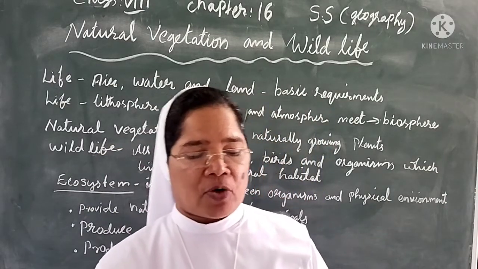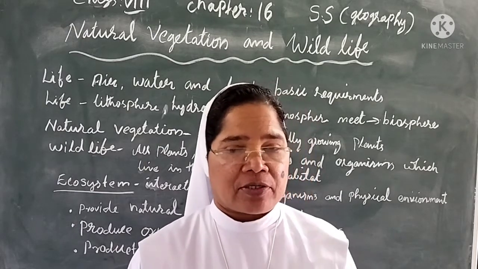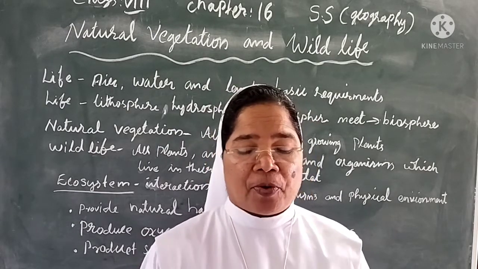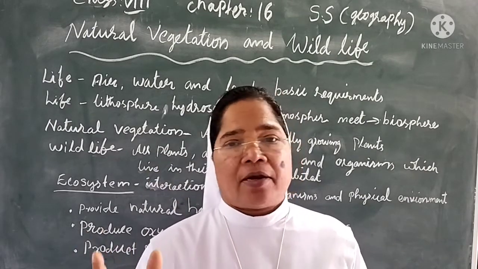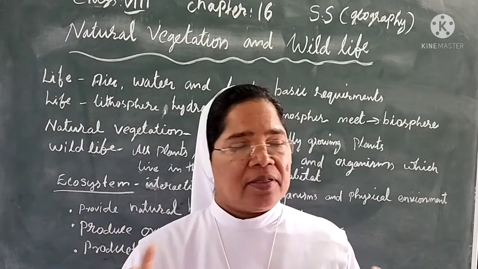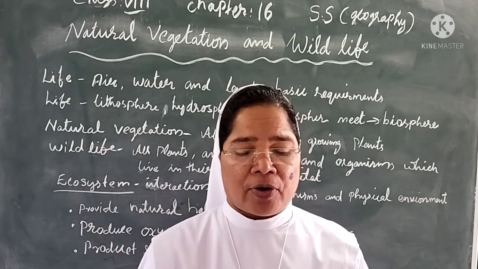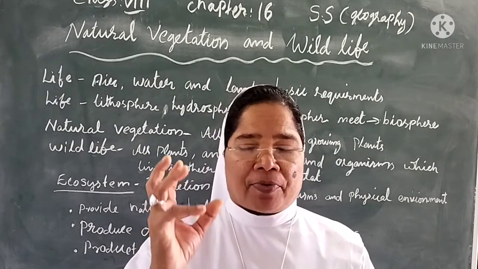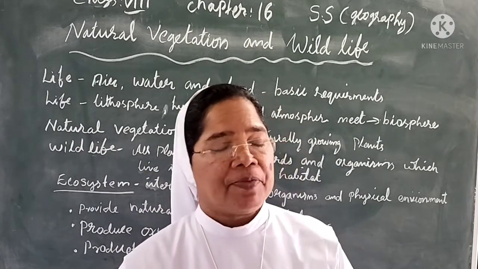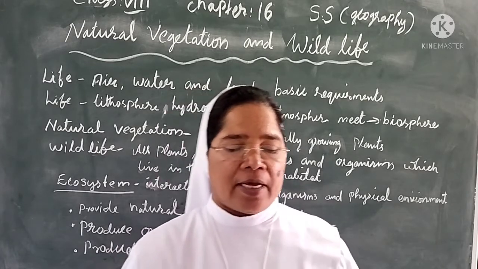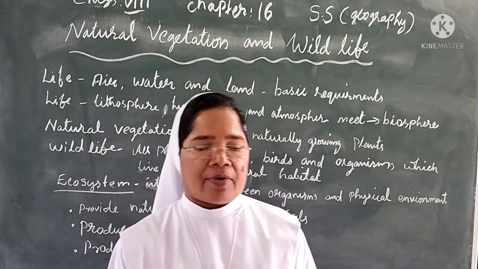Next point is to provide a large variety of products from trees. From the trees we get many fruits, wood, and leaves, and we use everything. Natural vegetation is very important for our life.